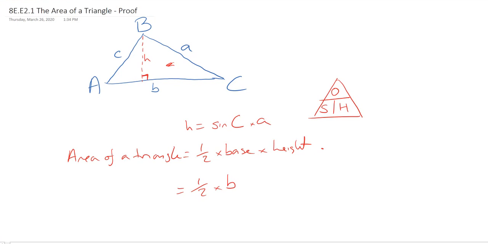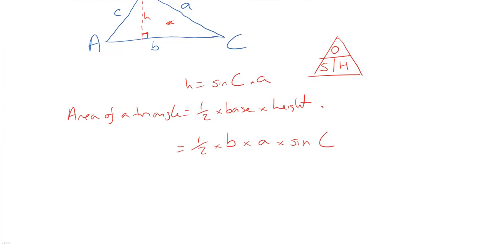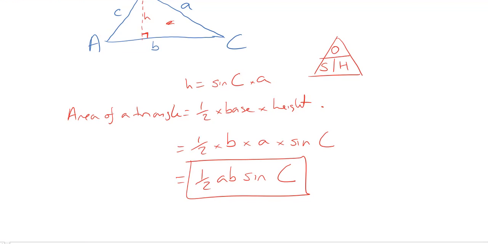You can see the base of the triangle is b. The height, we've just got an expression for that, and let's write it as a times sine of C. This will simplify to a half ab sine C. This is the new formula for the area of any triangle, and we'll be using it in the coming examples.